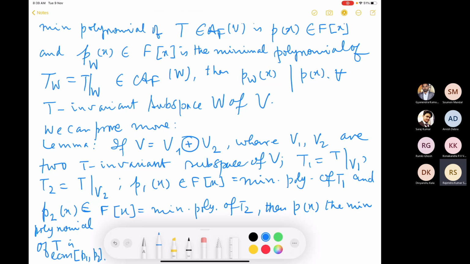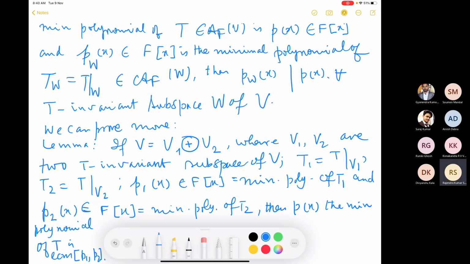Interesting. So this is a direct sum of two T-invariant subspaces V1, V2, with T1, T2 their restrictions on V1, V2 correspondingly, and p1, p2 their minimal polynomials.